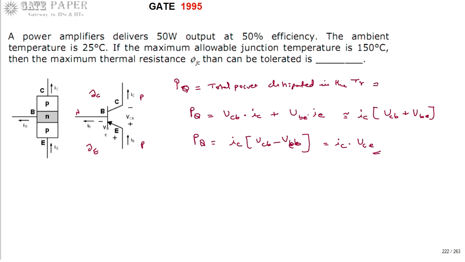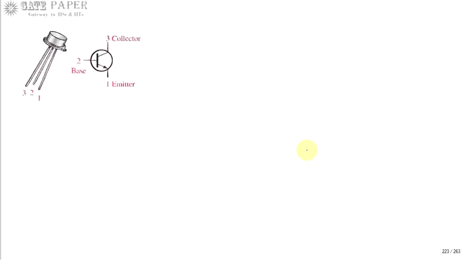Generally the transistor dissipates power in the form of heat. The heat generated across these junctions is transferred to the adjacent cooler region, which is where the transistor is mounted. Generally the transistor is mounted in a case. It looks like this: this is a transistor internally mounted and placed in a case type structure.